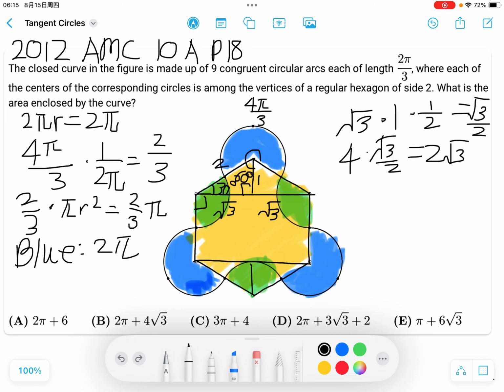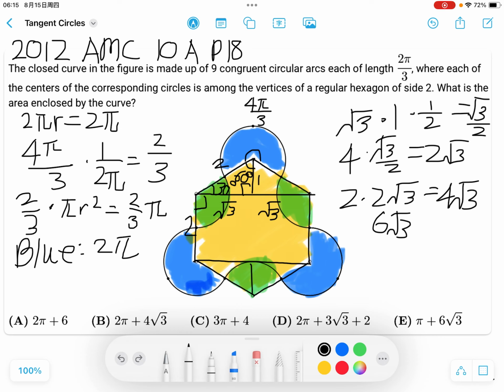So what is that? Well, that's just 2, because it says the side length of a regular hexagon is 2, and this is the side length of the regular hexagon. So we have 2 times 2 root 3, which is equal to 4 root 3. So the area of the hexagon is 6 root 3, because if you sum these two up, that's 6 root 3.